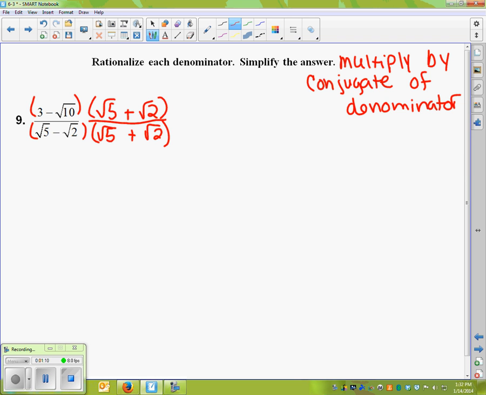And now I have two different FOIL problems. I'm going to do the numerator first. So when I do the FOIL, the F, I'm dealing with the 3 times the radical 5. The O is 3 times the radical 2.